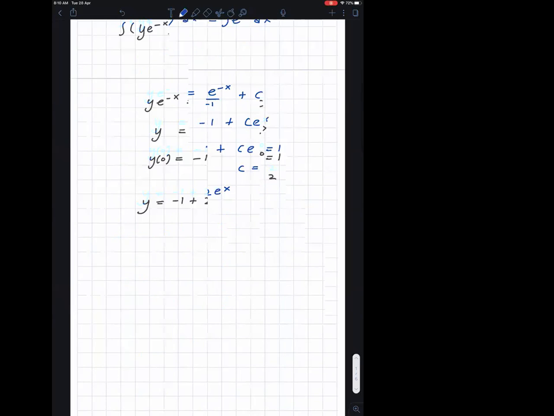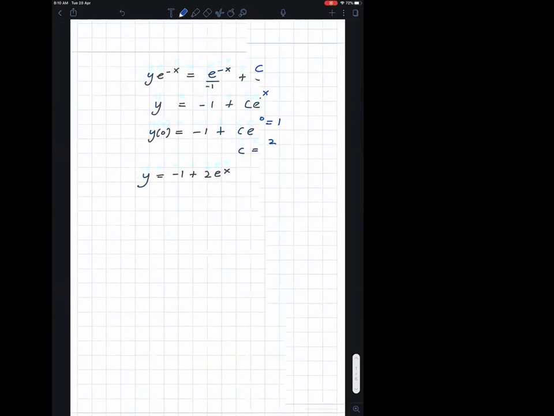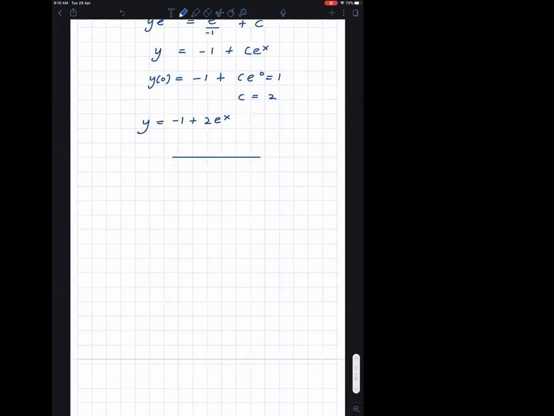Okay, if you plot this curve, this is not the numerical solution. I'm just reviewing from your previous class. If I want to plot this, let's just pick 3 points: minus 1, 0, 1. When x equals minus 1, you're going to get minus 1 plus 2 over e.